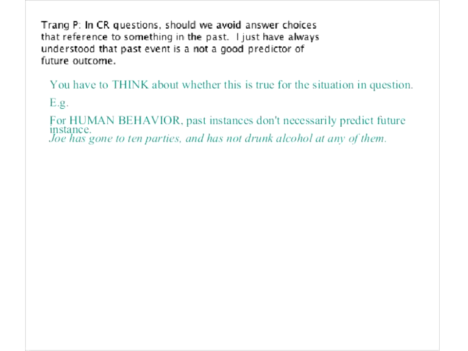You can't say that Joe won't drink in the future. But for things that are not human behavior and are predictable, then past events could absolutely be predictors. For things that don't change, past events will totally predict future events.